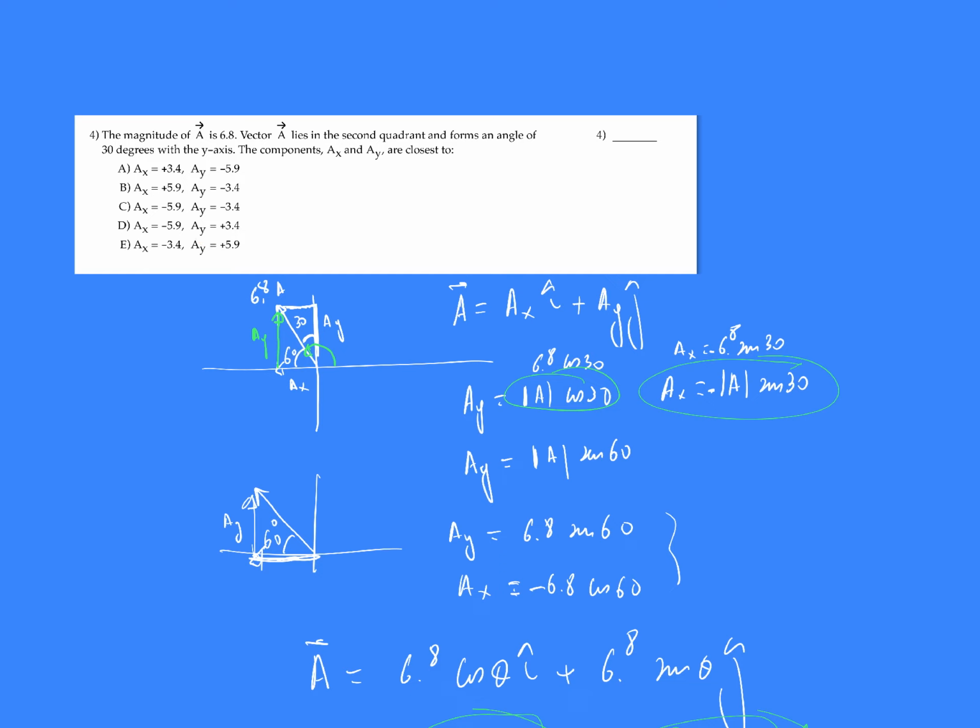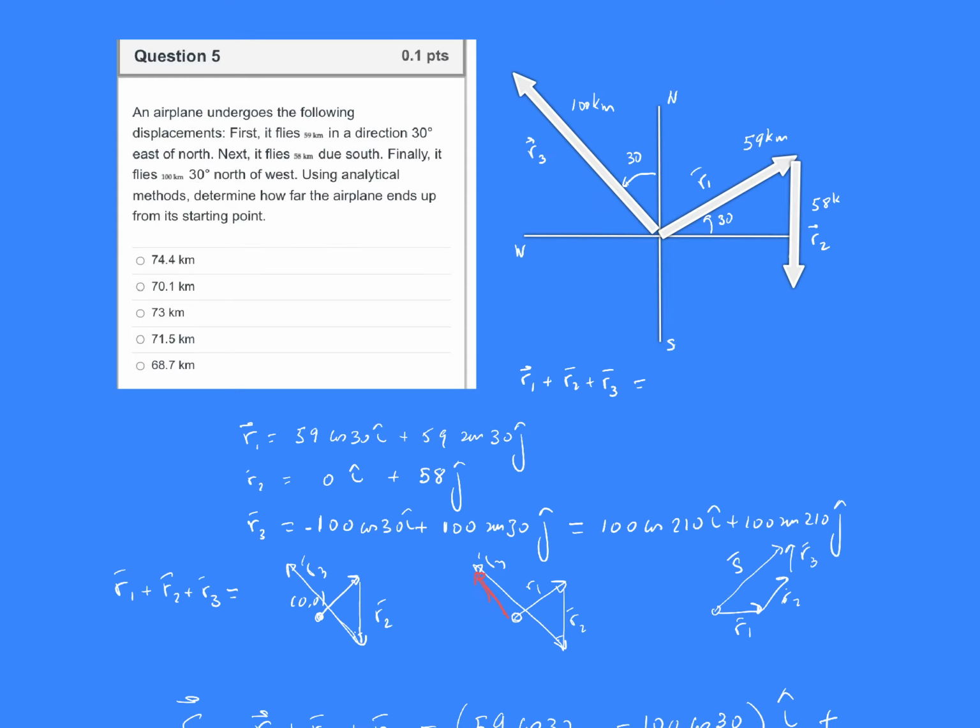These are the two options, so which one is the real one? Here, compute ay as 6.8 sine of 60 and see if it's 3.4 or 5.9. Whatever you do, you have to see this in different ways and try to find the correct answer. Okay, let's go solve this problem.